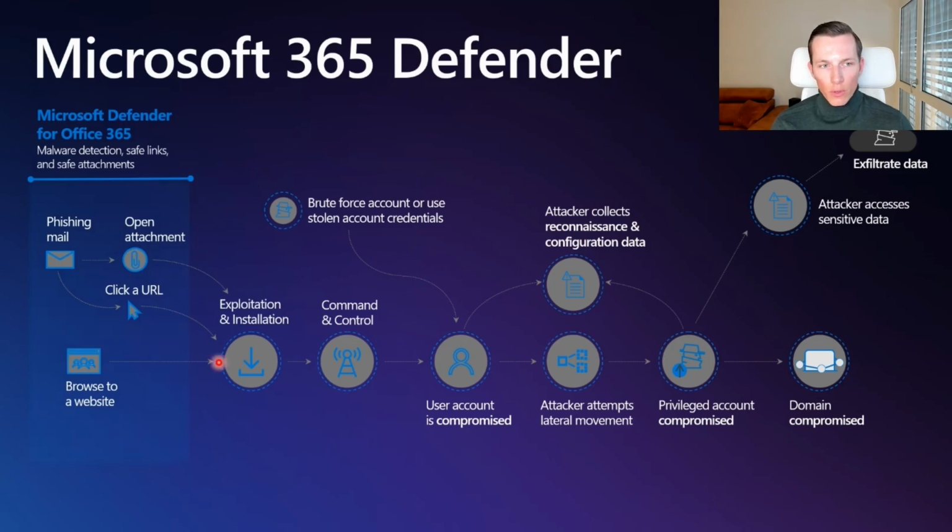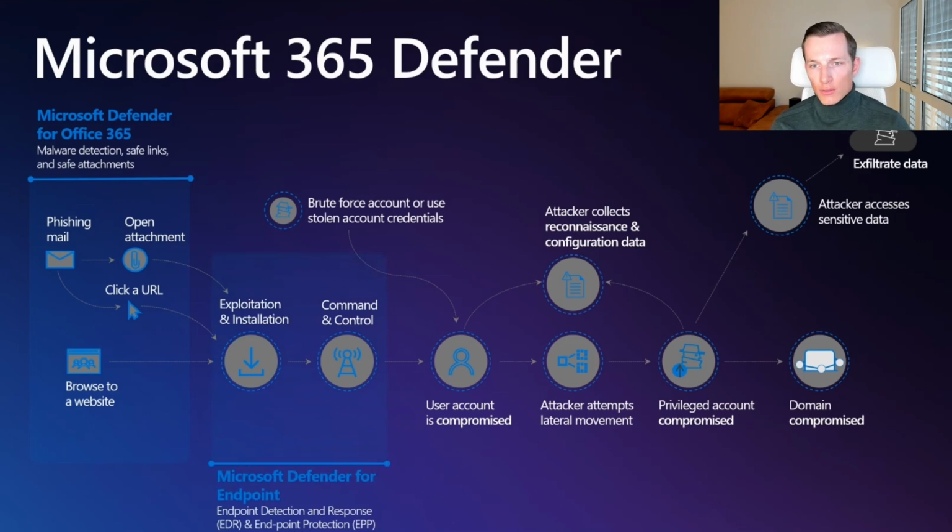If we then move forward here to the right side, to the level of endpoint, that's where Microsoft developed Defender for Endpoint. And Defender for Endpoint is available in two forms. There is a Plan 1 and there is a Plan 2. Plan 1 is strictly speaking the antivirus component, which protects you against the bad things.